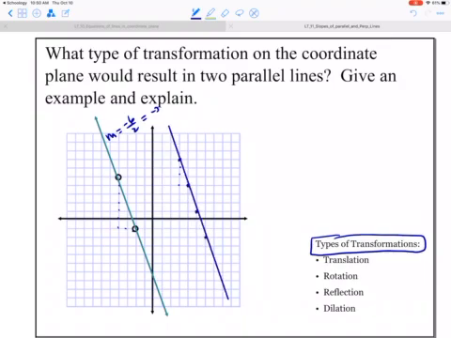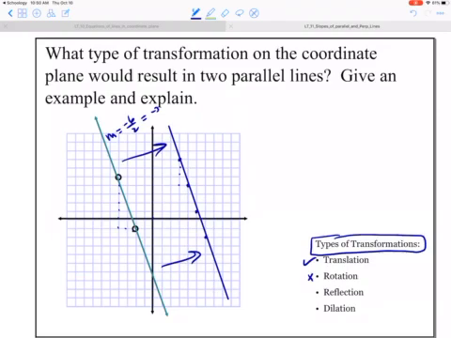What type of transformation would result from the aqua line to the blue line? Translation would work because that's just a movement. I just move this over and you can see that I will get an end result of a parallel line. Rotation, you could rotate, depends on what point. If we're rotating about the origin, that would not work.